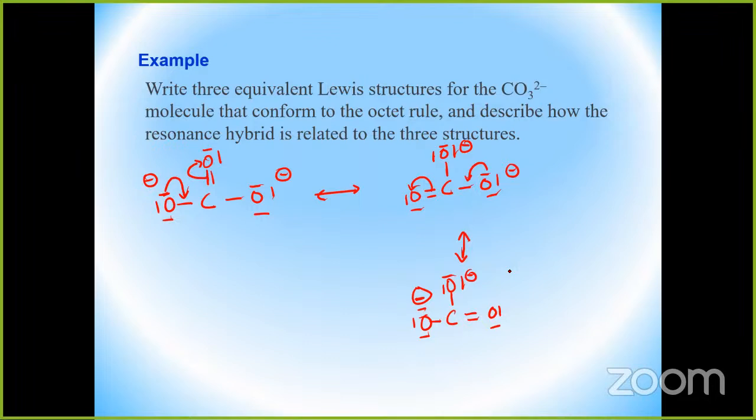And basically, it says describe how the resonance hybrid is related to the 3 structures. Basically, the resonance hybrid will have some characteristics of each of these 3, all right? And in fact, we can represent the hybrid by drawing this here. Let me do that here. And we use a dotted line here.